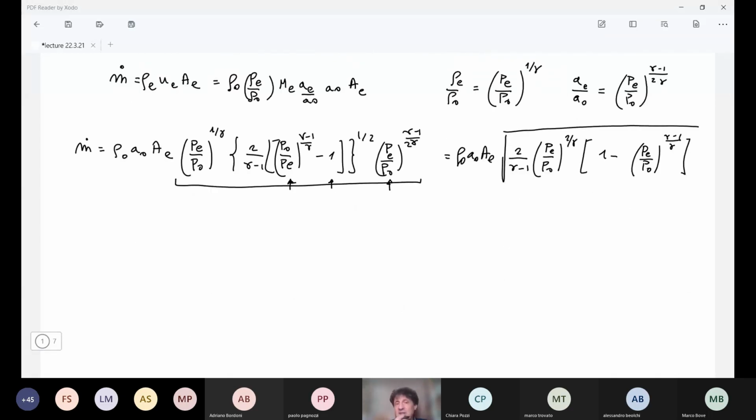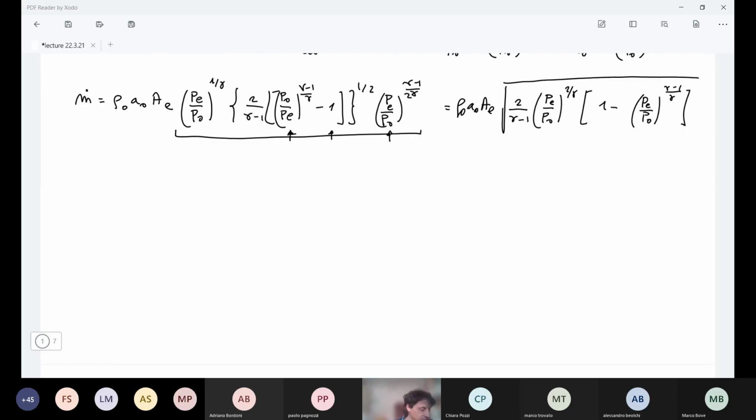And for a given exit area and reservoir condition, we have this expression that depends on, we were saying that it's an adapted nozzle, so it depends on the ratio between the ambient and total pressure. So let's look at what happens for varying these quantities, that is the exit pressure.